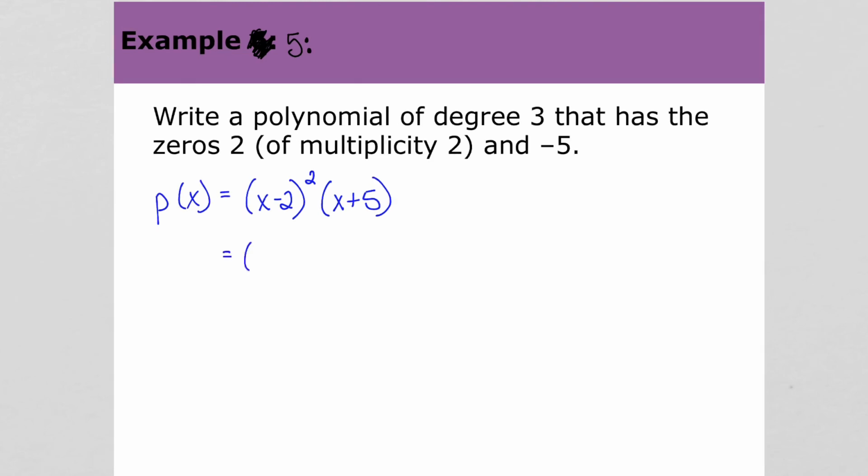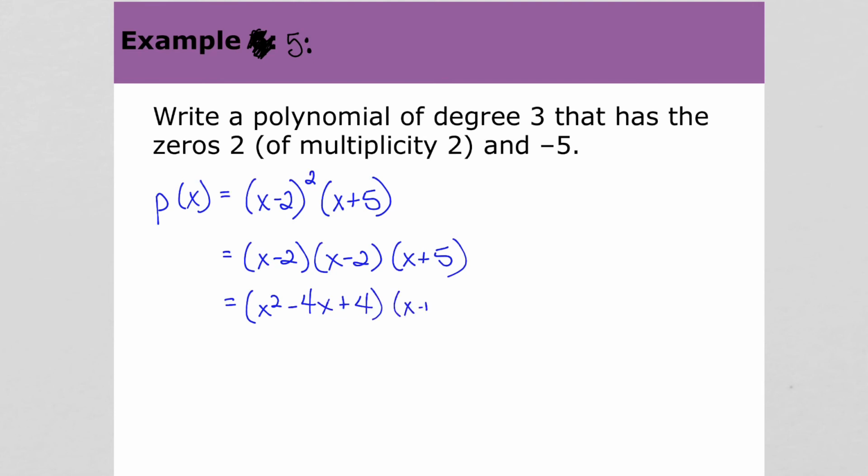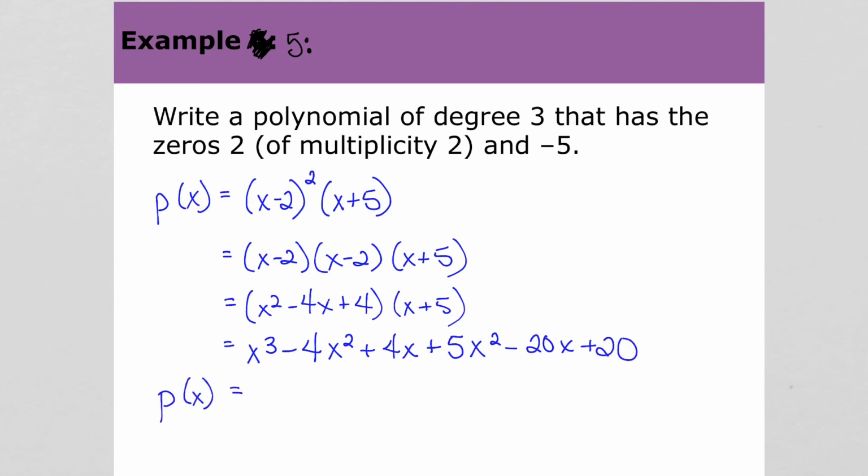So we'll say that, and FOIL. And distribute. And then when we simplify, we get x to the third plus x squared minus 16x plus 20.